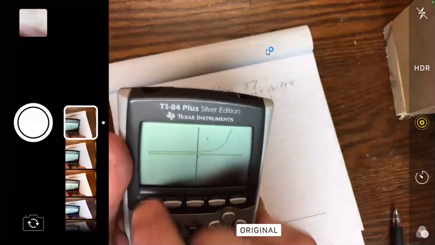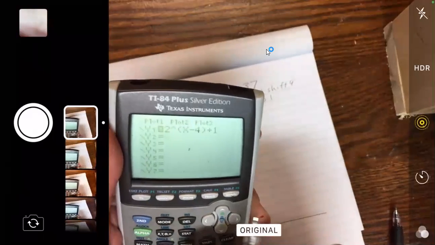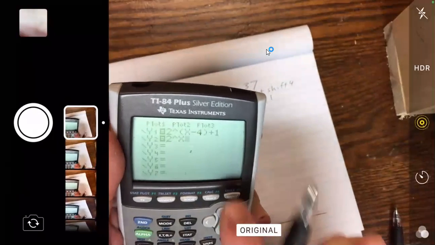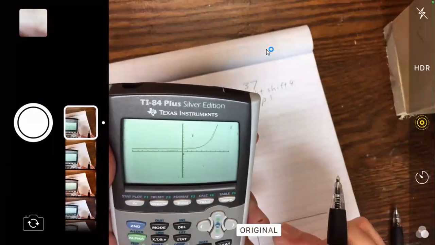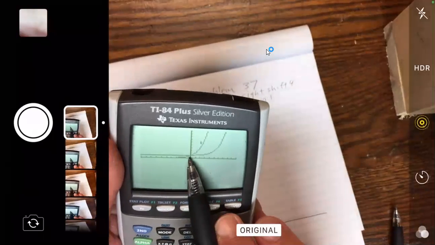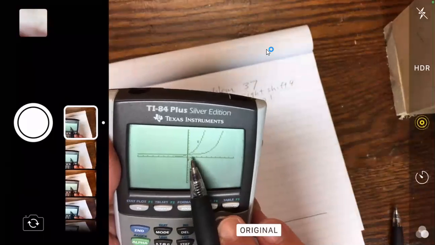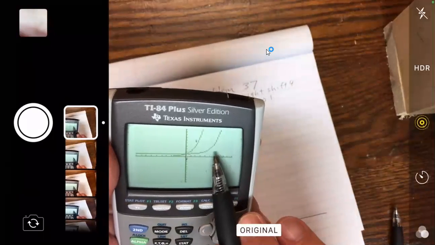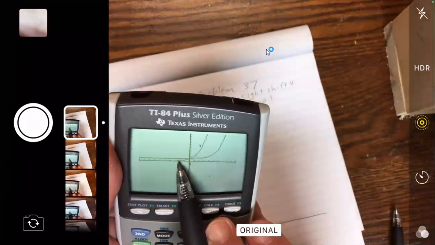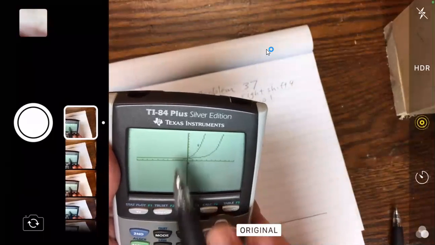Maybe I should show that. Compare it to 2 raised to the x. So you can see 2 raised to the x right here, so that intercept point's been shifted right 4. And then 2 to the x is dying to the x-axis. That's been shifted up 1.